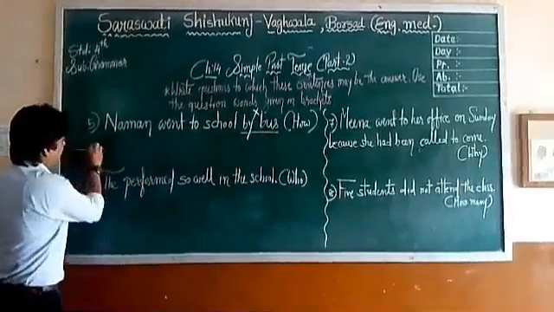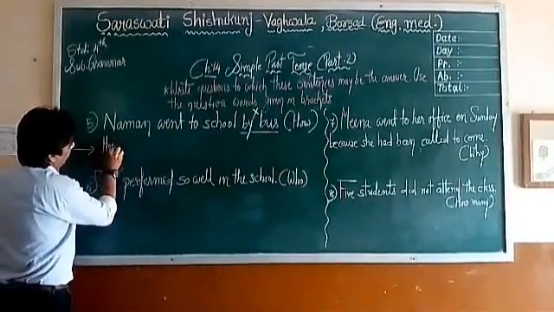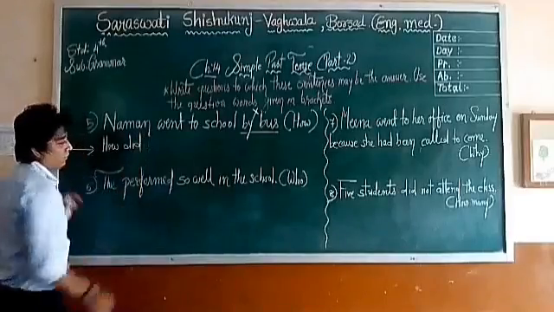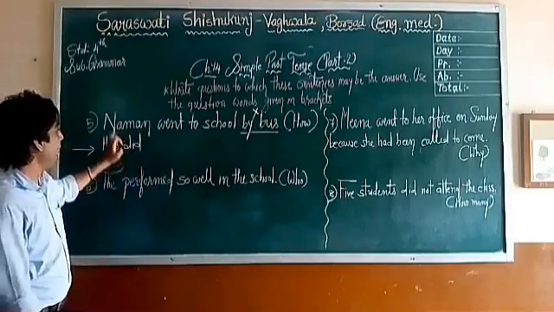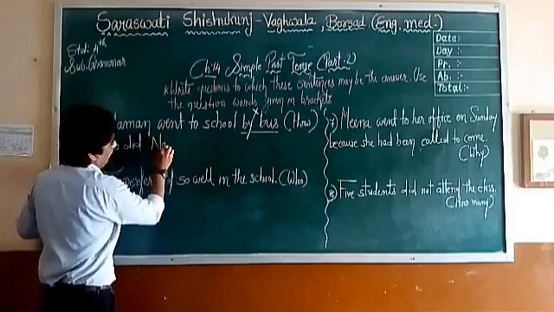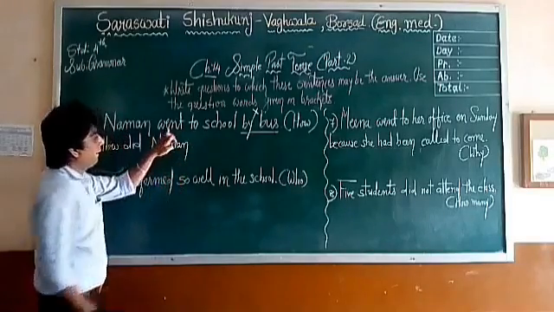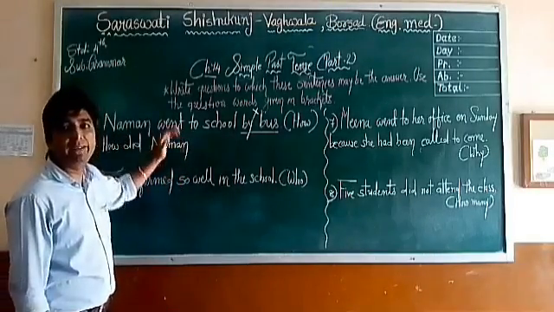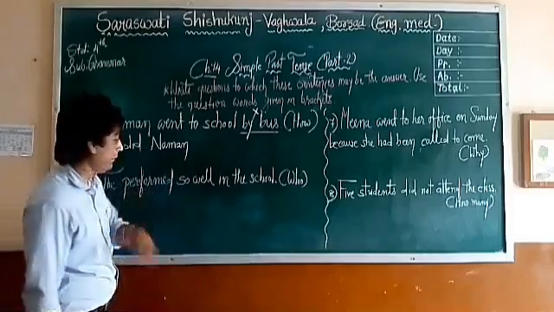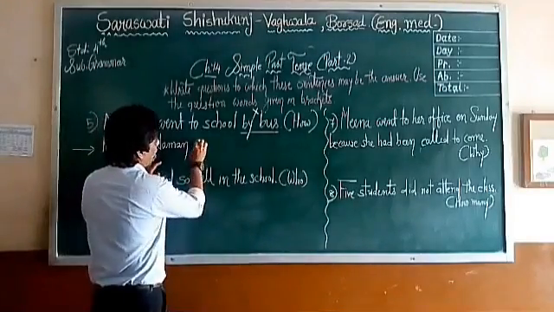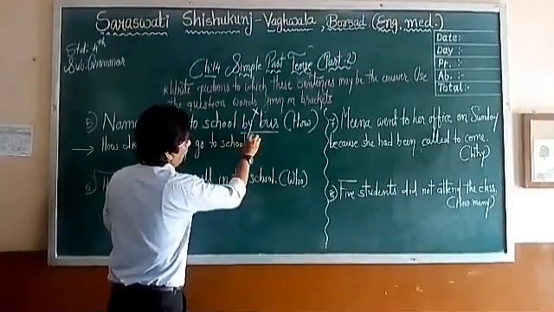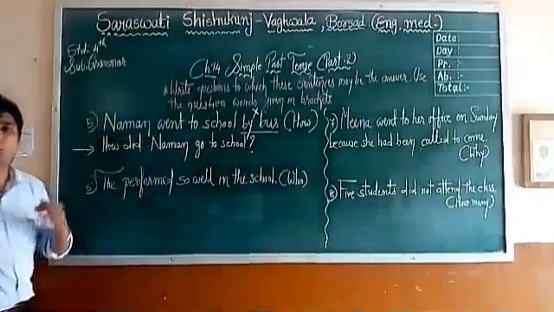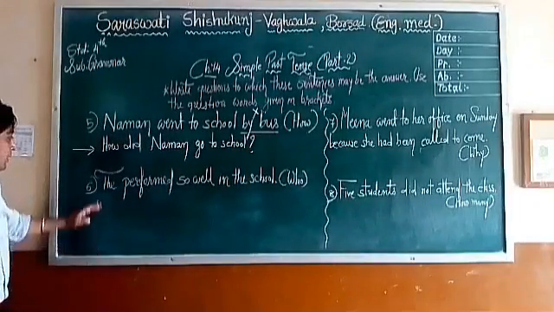Write down how immediately in the beginning. How did? Okay, did is available. Okay, so did. How did Naman? Went becomes go, because we have to use the present form in the question. How did Naman go to school? How did Naman go to school? Okay?